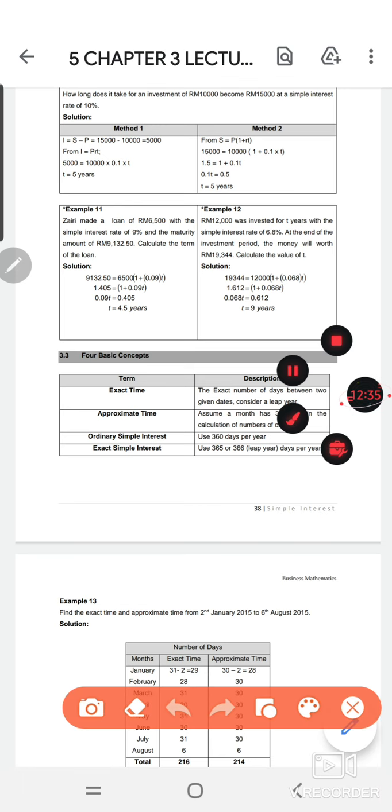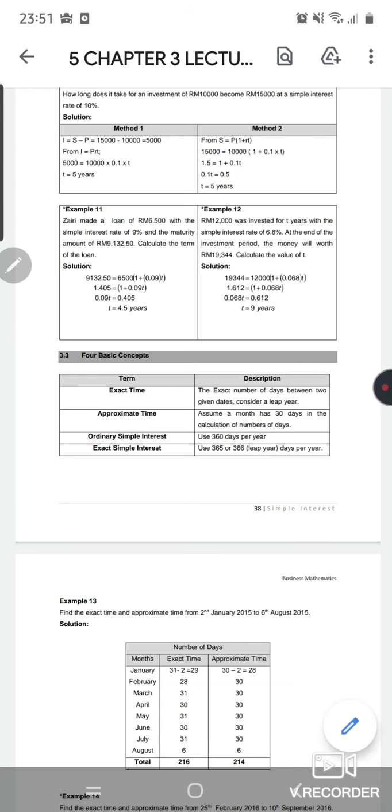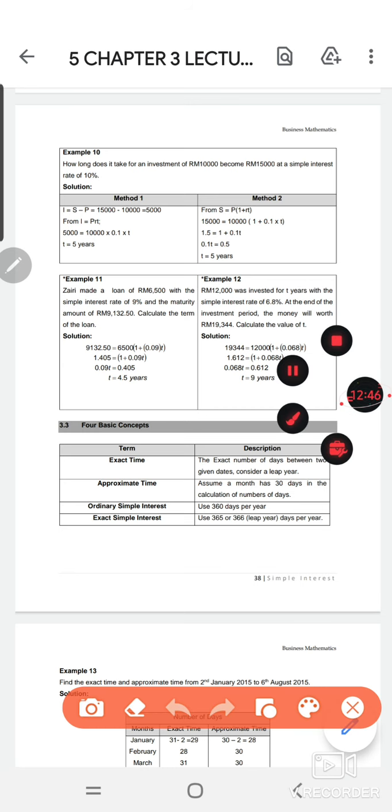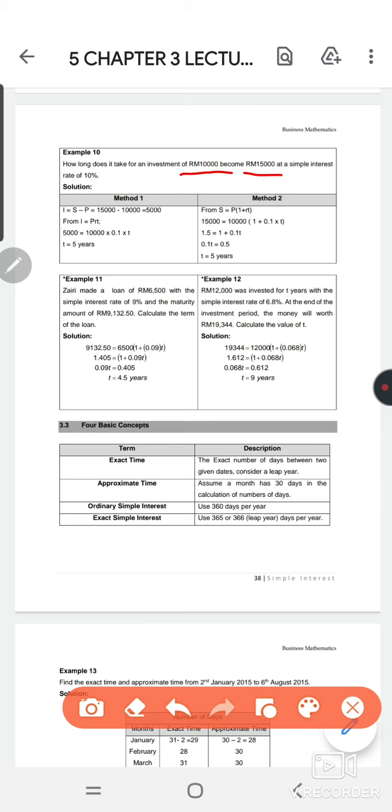Okay, for example 10, how long does it take for an investment of RM10,000 become RM15,000 at simple interest rate of 10%? Okay, so awak kena fahamkan soalan how long does it take.